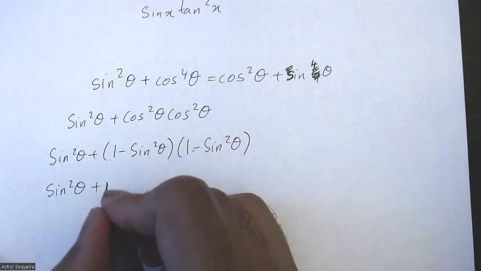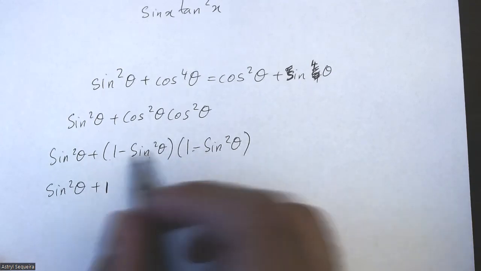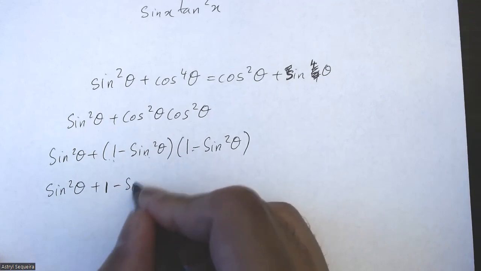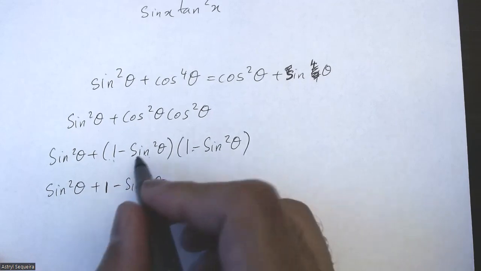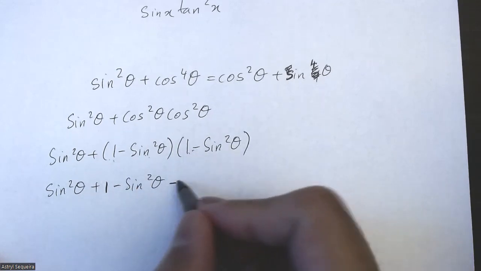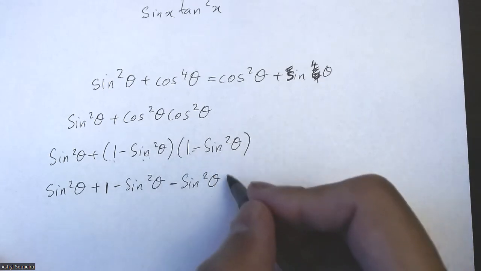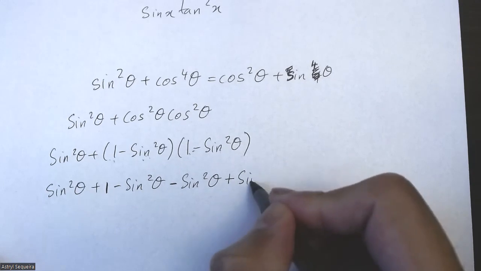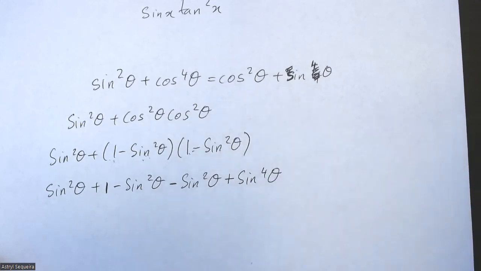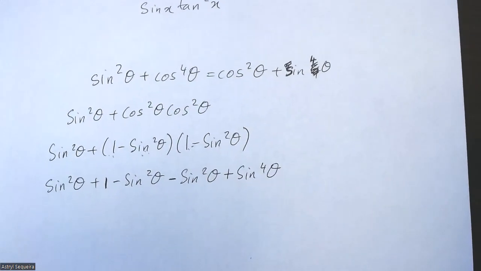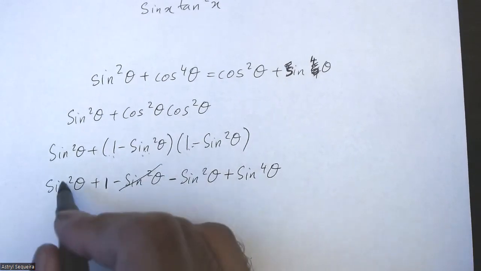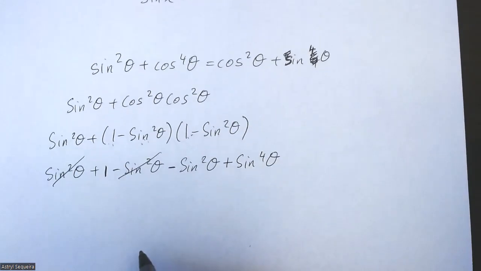1 times 1 is 1. 1 times negative sine square theta is negative sine square theta. Negative sine square theta times 1 is also negative sine square theta. Negative sine square times negative sine square is positive sine 4 theta. These two are identical with opposite signs, so I can cancel them off.